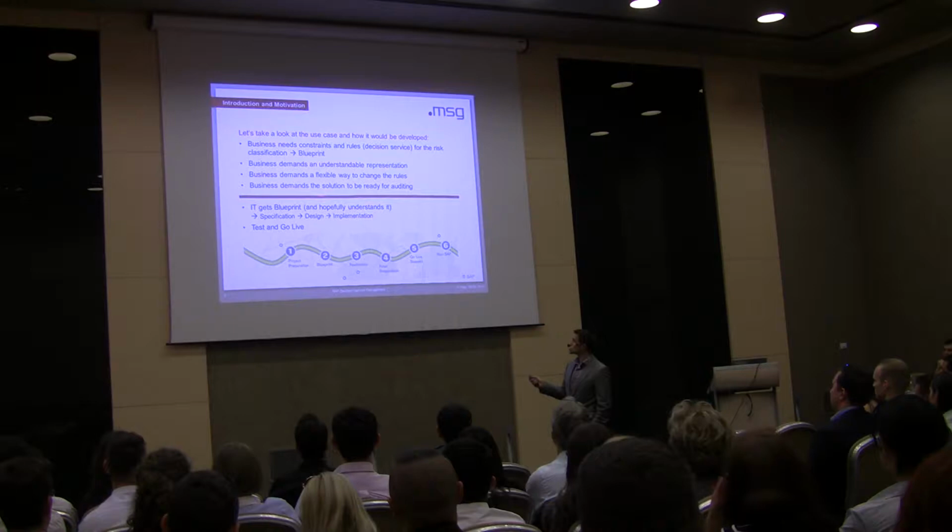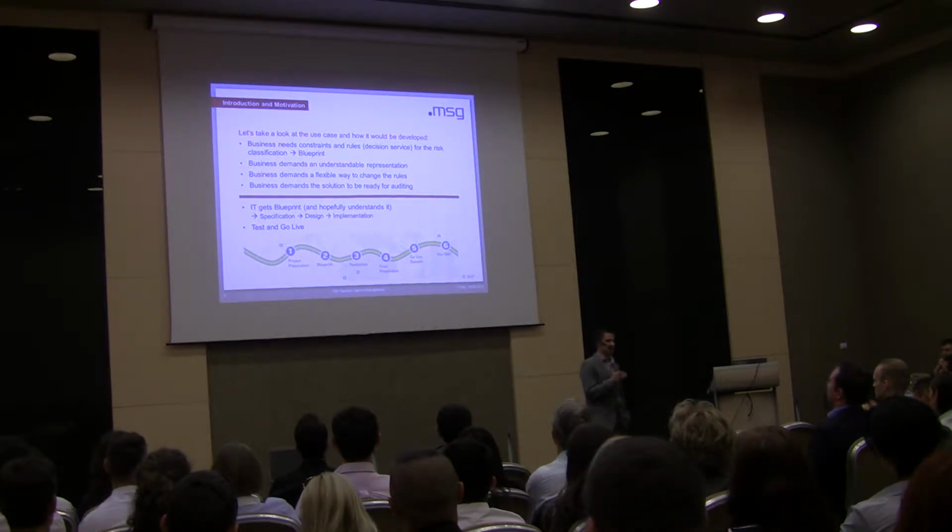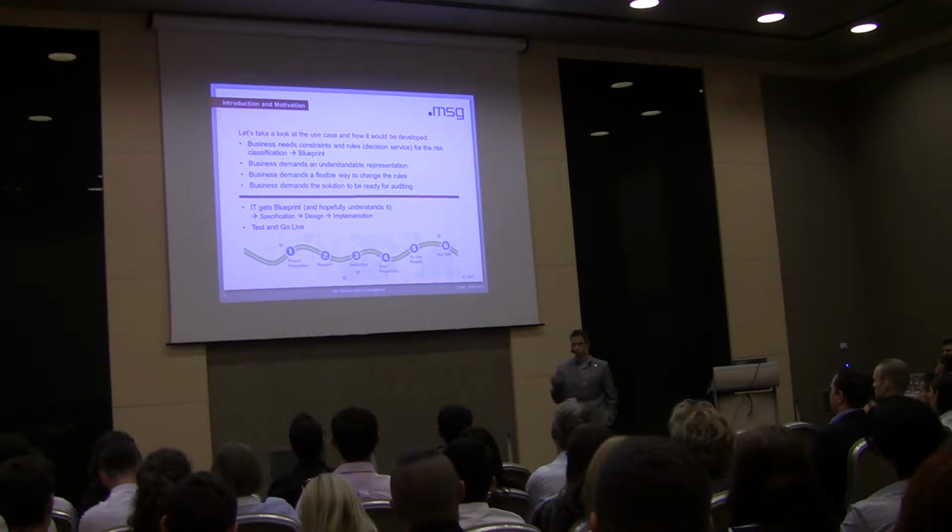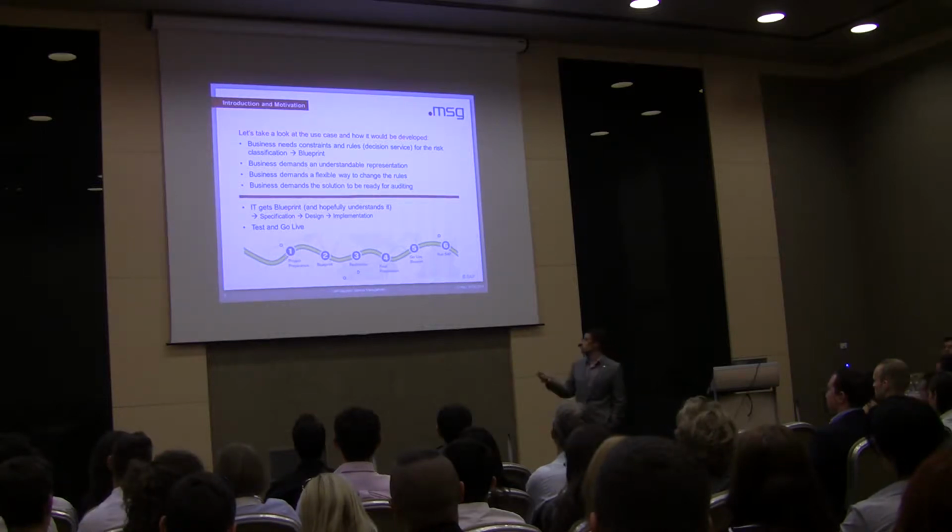And what's also important, they want to be ready for audits. That's very important when it comes to transports, because every single transport is registered, and there are decisions taken on the risk. And if the insured person says, why was this a red risk? That's not possible because that's in my policy, there's written something different. They have to show the decision path. Okay, so that's what business will do.